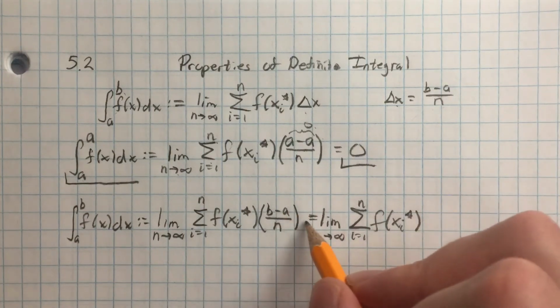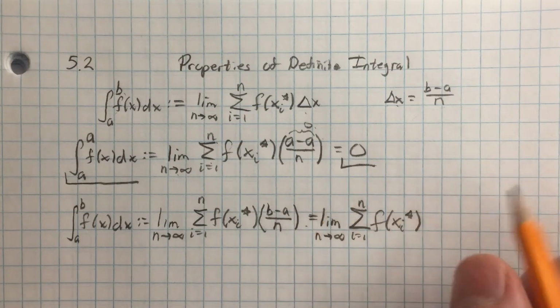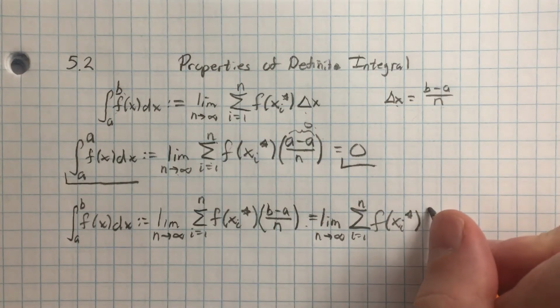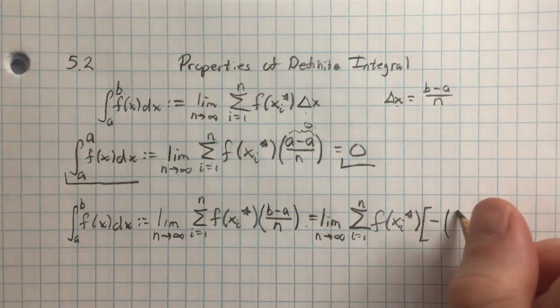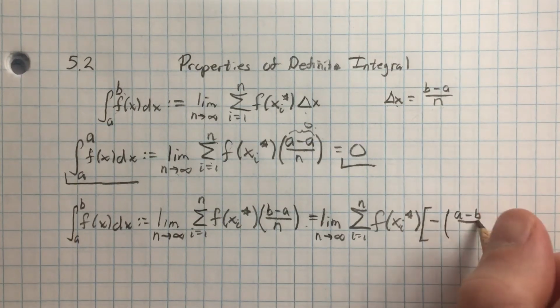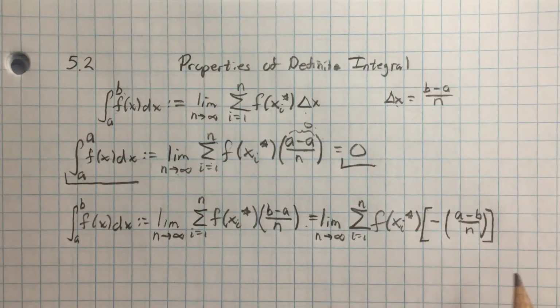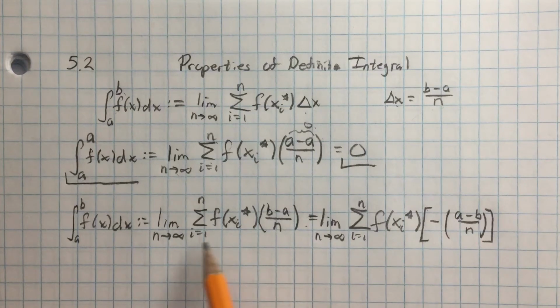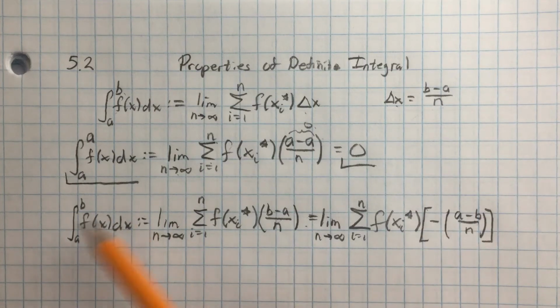But to change this to have equals here and to change this to a minus b, I have to factor off a negative. So maybe have something like negative a minus b on n. There. That's reasonable. If you have b minus a in here, you can switch it around, have a minus b here. You've inverted the interval.